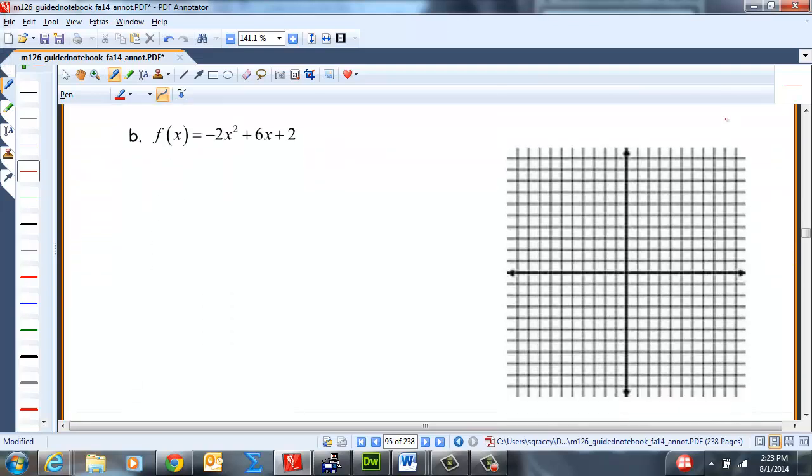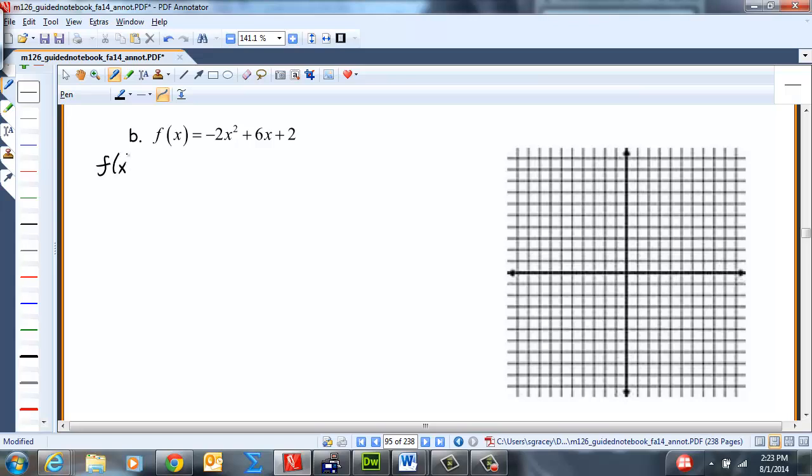Okay, so this one is going to be a little bit more difficult. So for this guy, we need to complete the square. In order to complete the square, you need to have a coefficient of 1 in front of the squared term.